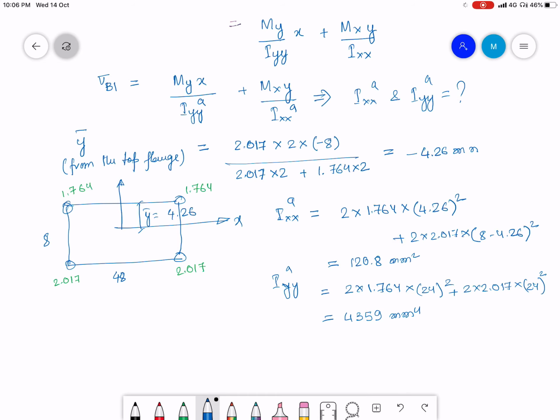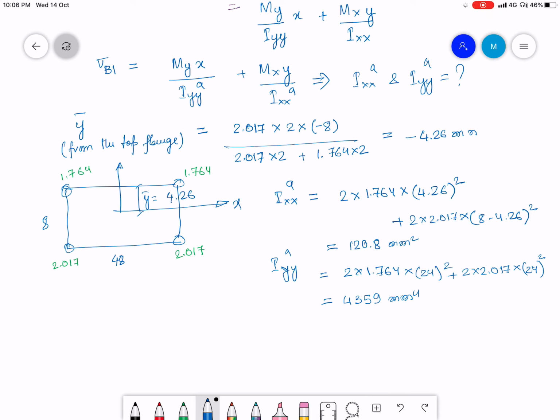So I have got Ixx and Iyy, and I now have to find sigma B1, which is going to be 1 into 10 to the power 6 by Iyy, which is 4359, times x, which is minus 24, plus 5 into 10 to the power 6 by 120.8 into y, which is 4.26.